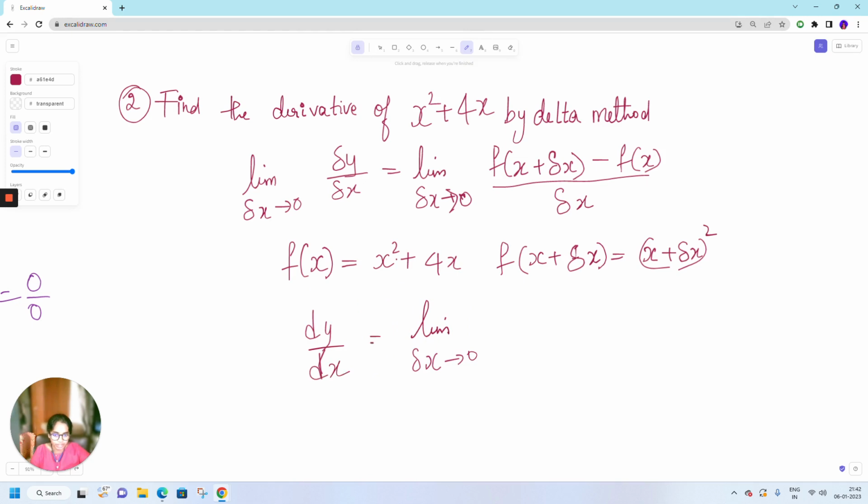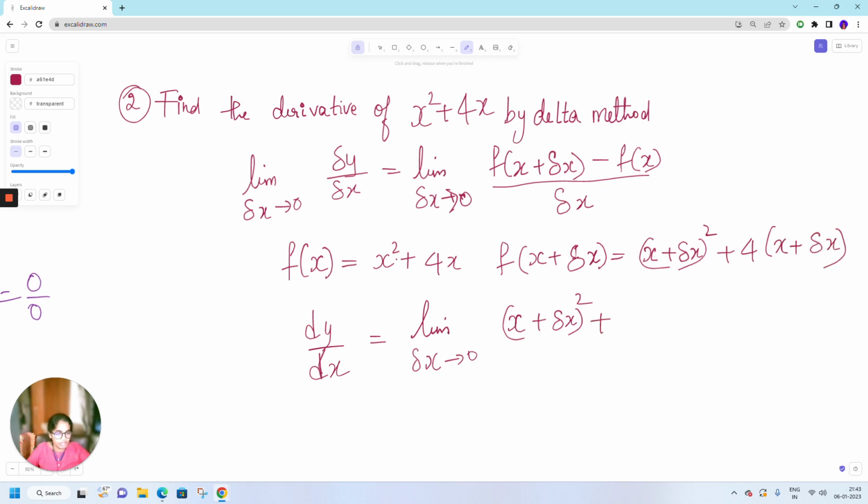So dy by dx is equal to limit del x tending to 0. In place of f of x plus del x, what do I have? I have x plus del x the whole square plus 4 into x plus del x, right? Because in the question we have 4x.